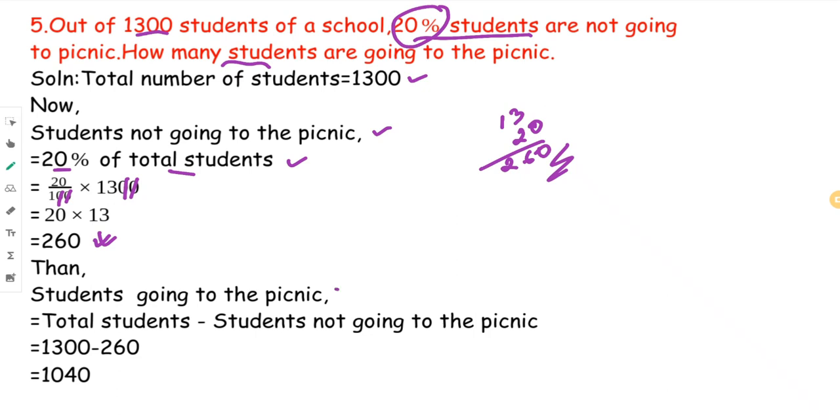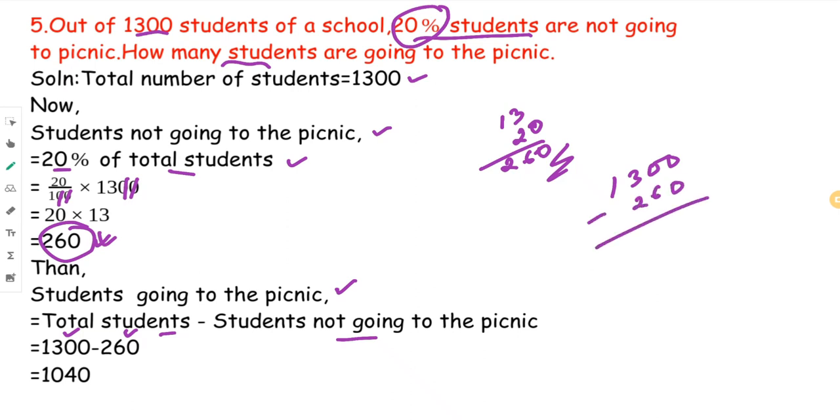Therefore students going to the picnic, how will I get it? Total students minus the students who are not going to the picnic. When I subtract these two, we'll get the number of students who are going to the picnic. So total students how much? 1,200. Students not going to the picnic, we just got it now, how much? 260, right? So when you subtract these two, 1,300 minus 260, subtraction.